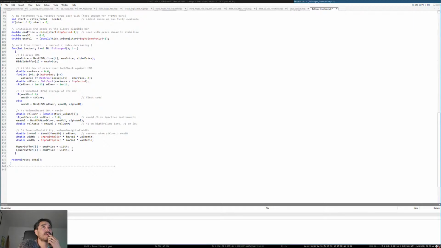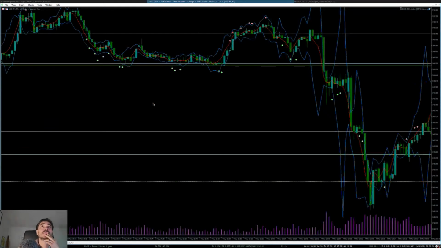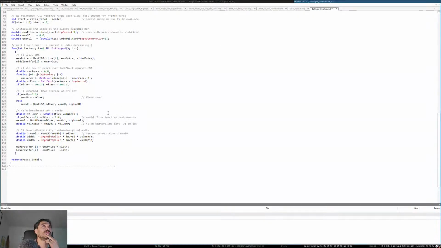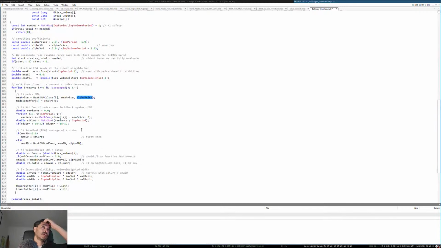EMA price. The EMA still shows the whole time then, and that's not volume impacted. Is the EMA volume impacted? No, it shouldn't be. Alpha price. Yeah, that's just standard. The volume ratio.